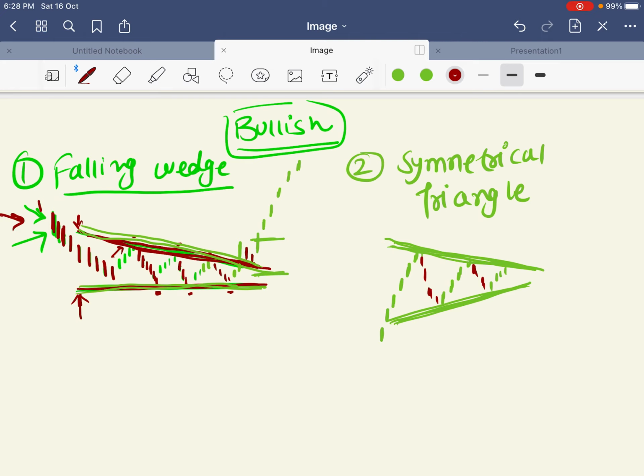After the breakout, as it is a bullish pattern, you also have to wait for the retracement, and you can enter again after another bullish candlestick. You have to enter here and put your SL here, and you can put a longer target over here. So this is the second bullish pattern.